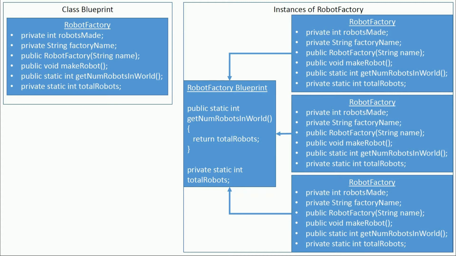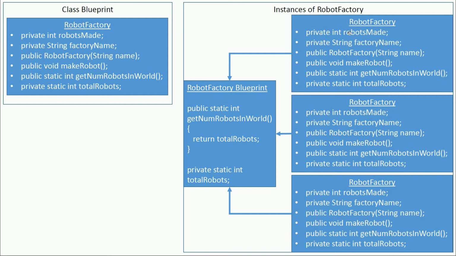So what that means, for example, is if I have 3 instances, so now we're looking at the right-hand side of the screen, if I have 3 instances of RobotFactory, they each contain their own local copy of a variable called robotsMade.